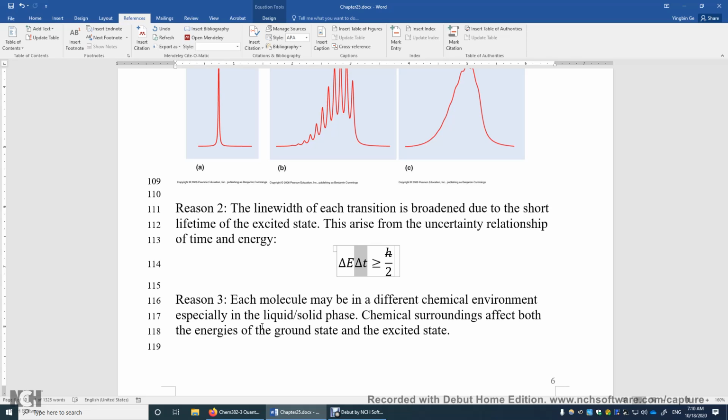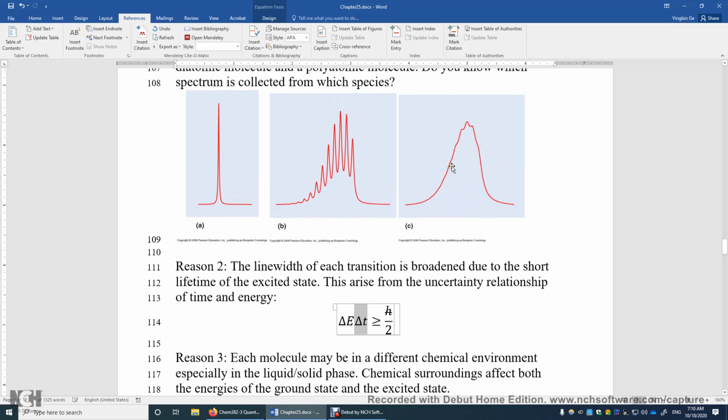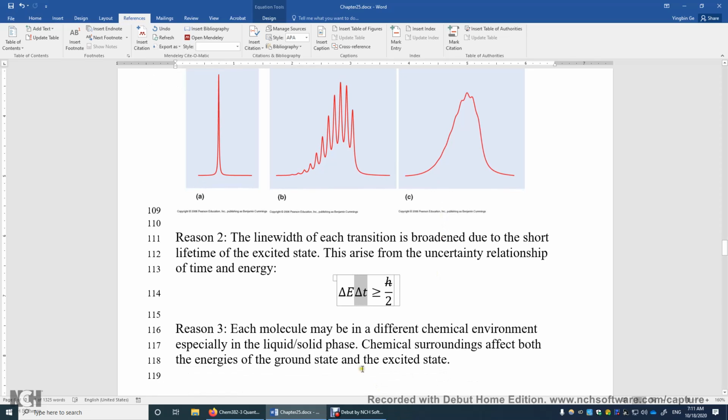In those cases, the chemical surroundings for each molecule are different, and therefore you will have different energies of the ground state and the excited state for every single molecule, and that will make your peaks broader. If you want to get sharp peaks for a diatomic molecule, it's better to do that in the gas phase with an extremely low pressure.